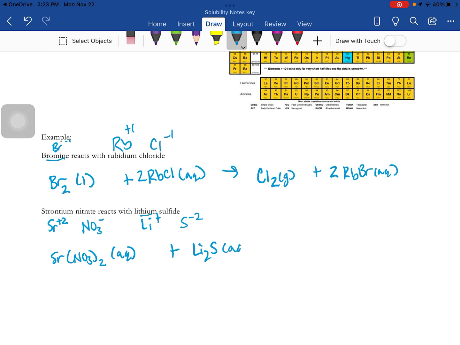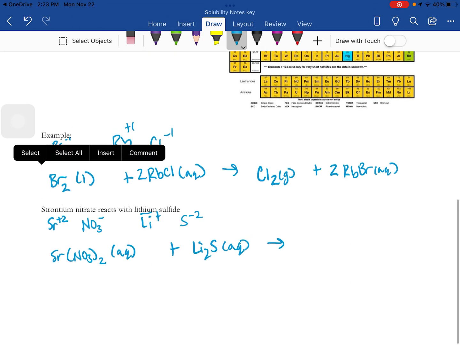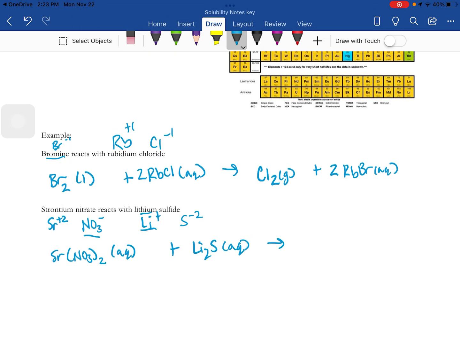Double replacement, so switch your 2 metals, so the lithium and nitrate combine together. Plus 1, minus 1, so you cross them over. Group 1, Li, so it's going to be LiNO3, plus Sr and S. They're both 2s, so those 2s would cancel out. So we just get SrS.